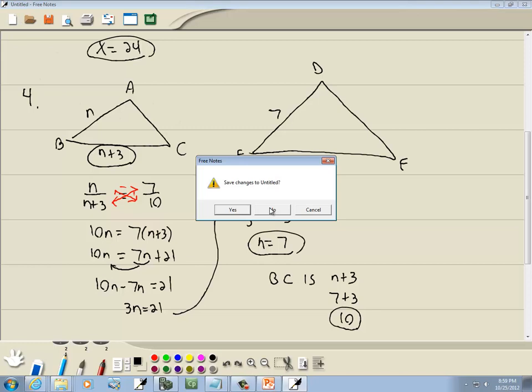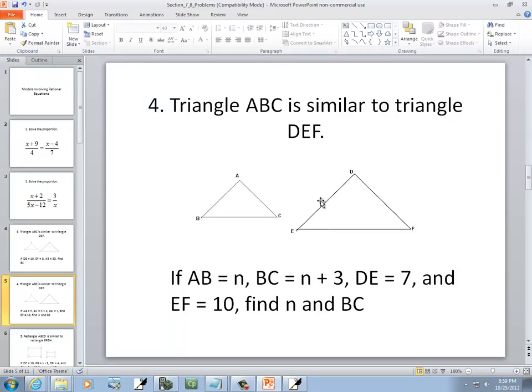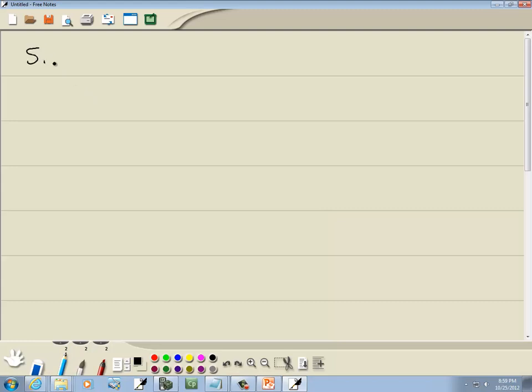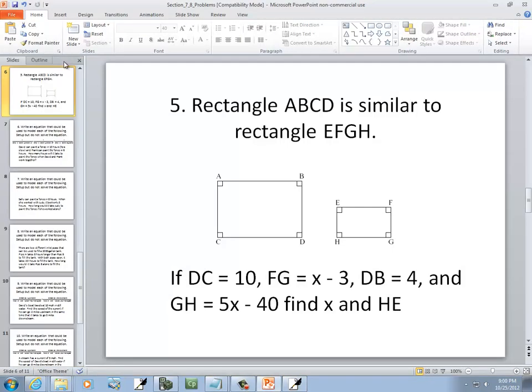Let me start a new page. And let's look at the next one. It says rectangle ABCD is similar to rectangle EFGH.